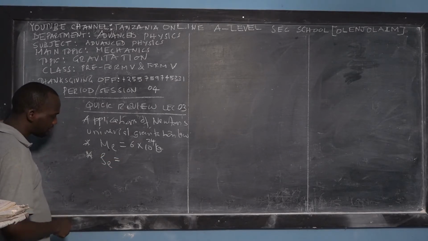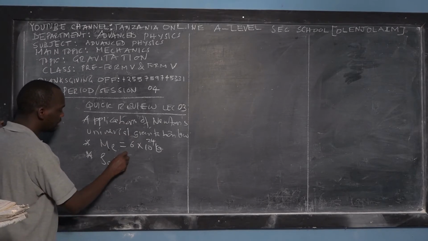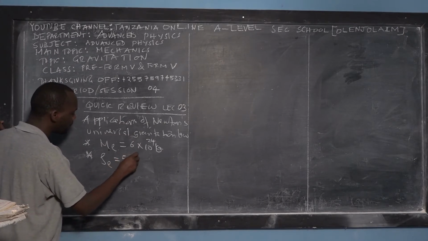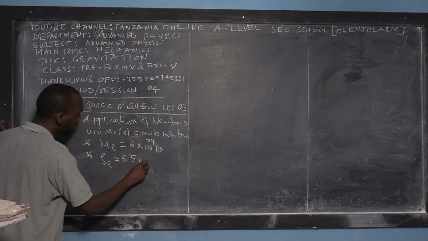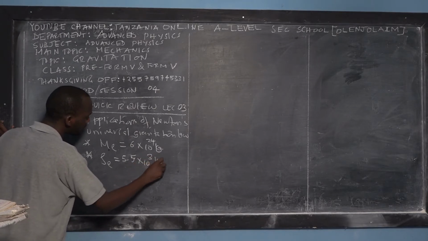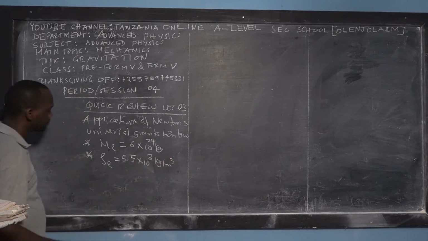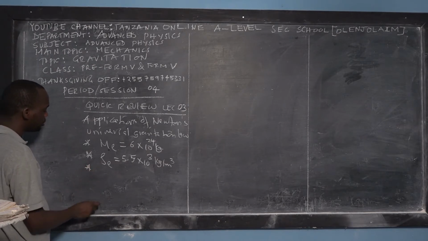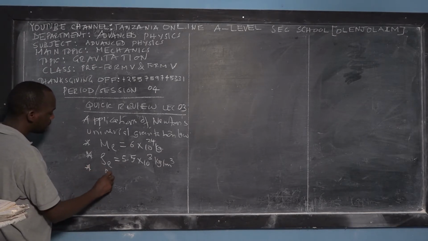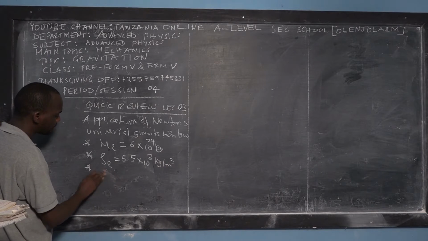I taught you how to derive the formula and how to find it, and in our finding we found that it's 5.5 exponent 3 kilogram per meter cube. Then I taught you how to derive the formula for the mass of the sun.